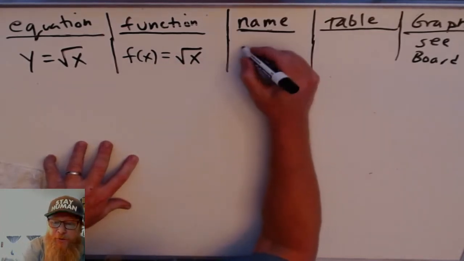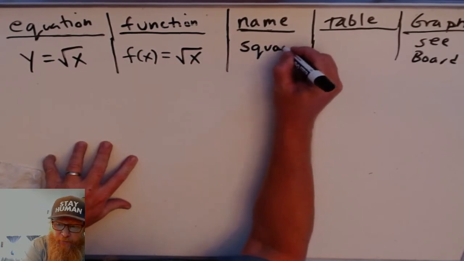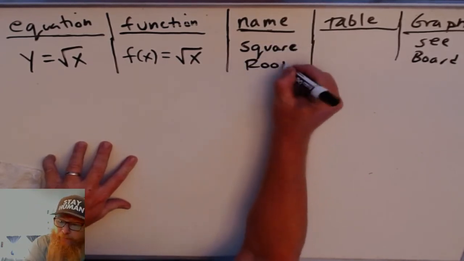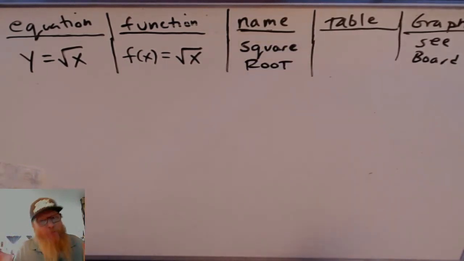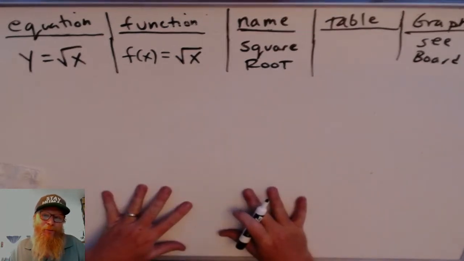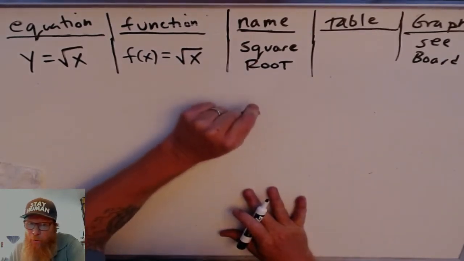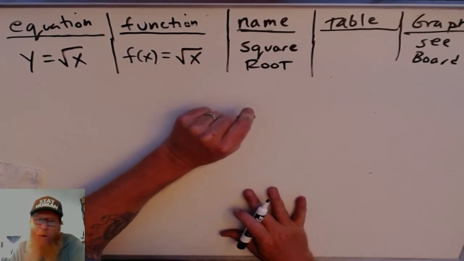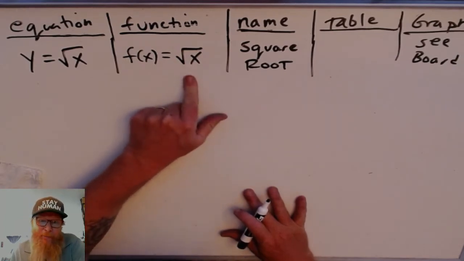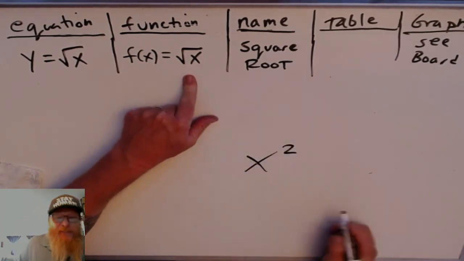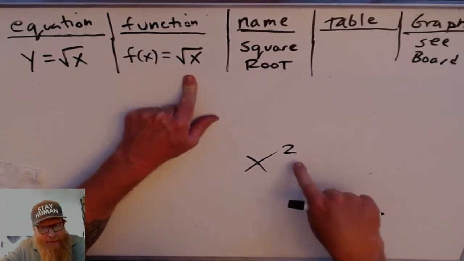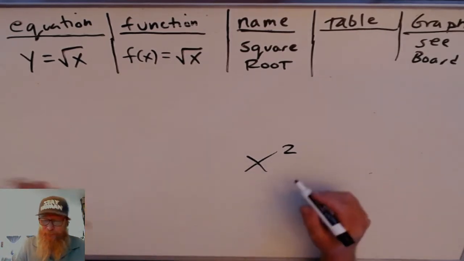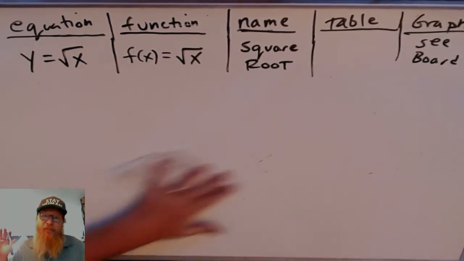A square root is called a square root. That's supposed to make it a little easier to remember which one's which. So if you hear me say square root, I do not mean square. I mean square root. If I want to say this, I will say quadratic. I'm saying square root this time.